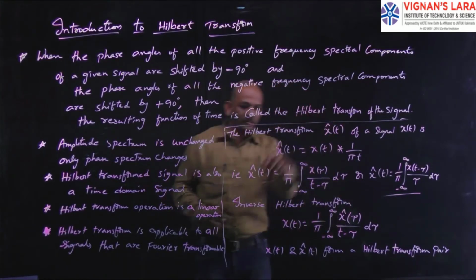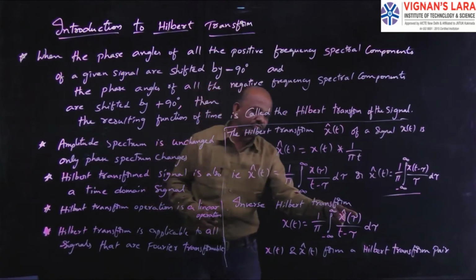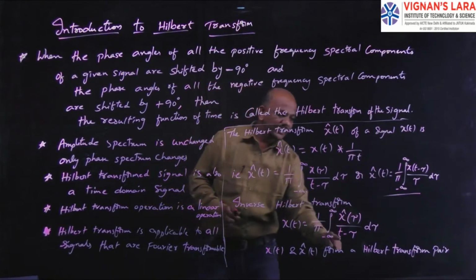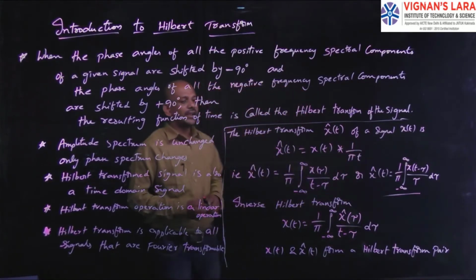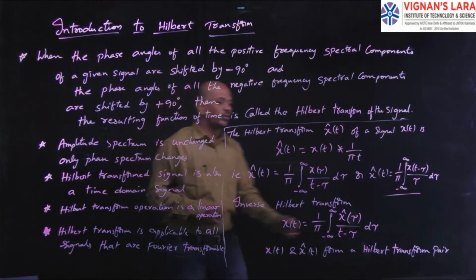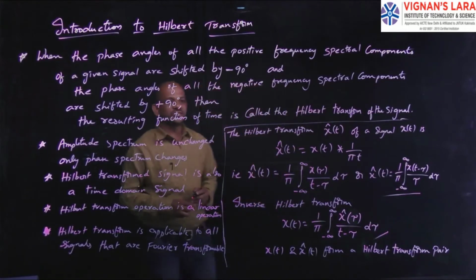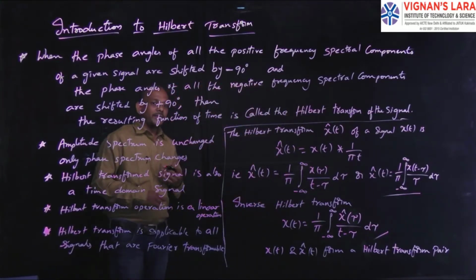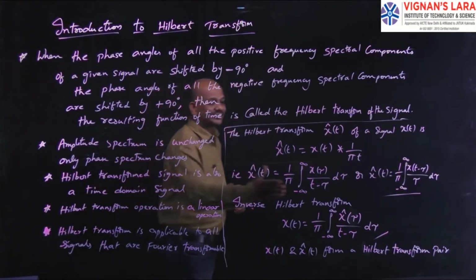They have given the Hilbert transform of the signal, that is x cap of tau by t minus tau d tau. By using this formula, I can find out the original signal x of t from the given Hilbert transform. So that is nothing but inverse Hilbert transform.